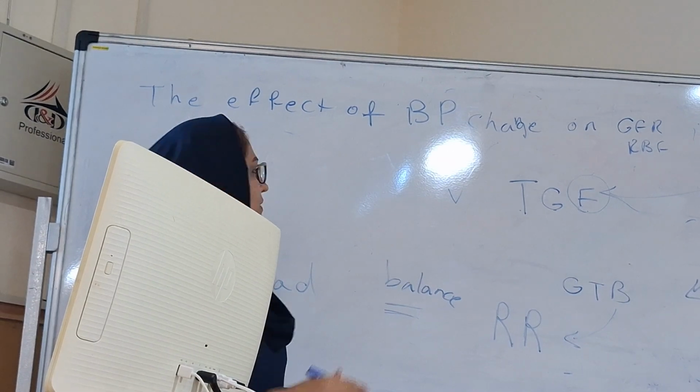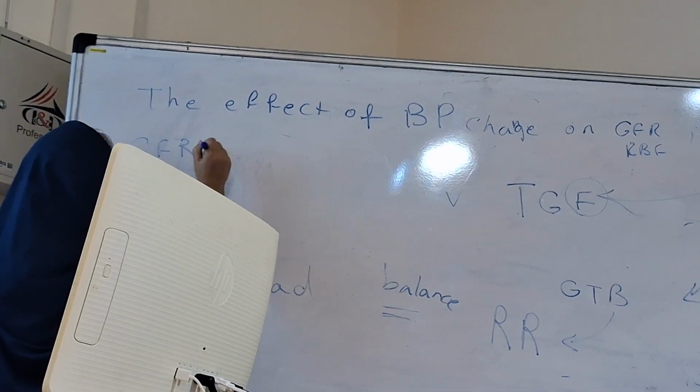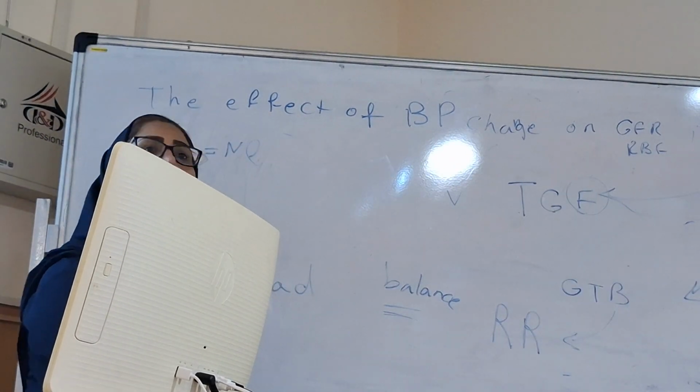What does it mean? Suppose that GFR is normal, 125 milliliter per minute.